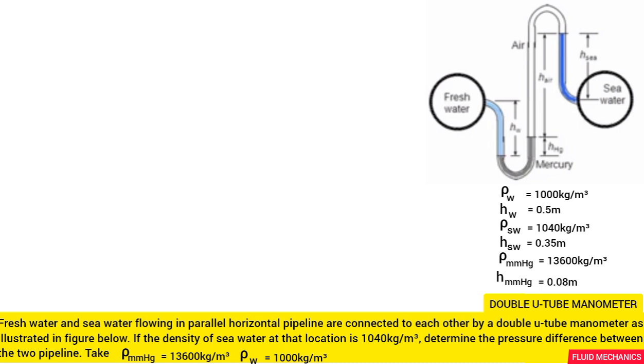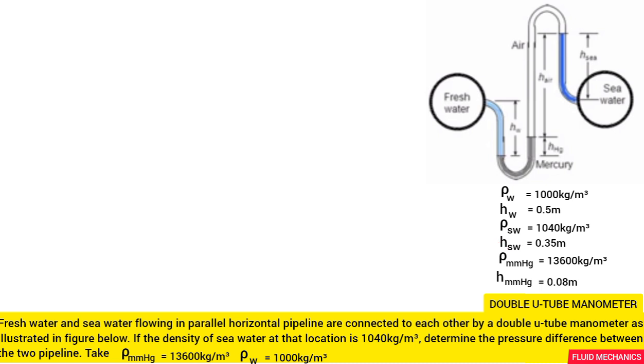Now, the height of the air given here is from here to here, and that is 0.6 meters. That is the height of air. Then the height of the seawater here, you can see from here to here, is given as what? 35 centimeter, which is 0.35 meters if you convert.